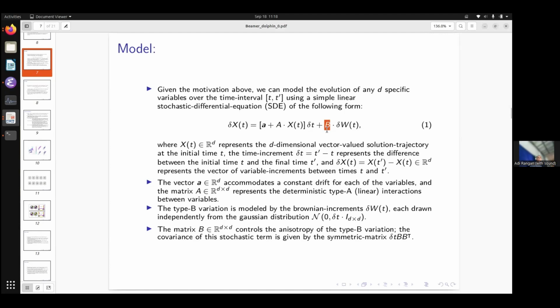This is just a very basic back of the envelope calculation, right? If you have two biomarkers, A is 2 by 2 and B is 2 by 2. So you're fitting roughly eight things, not exactly because B is symmetric, but roughly eight things, right? If you have three biomarkers, A is 3 by 3 and B is 3 by 3. So now you're fitting twice 9.